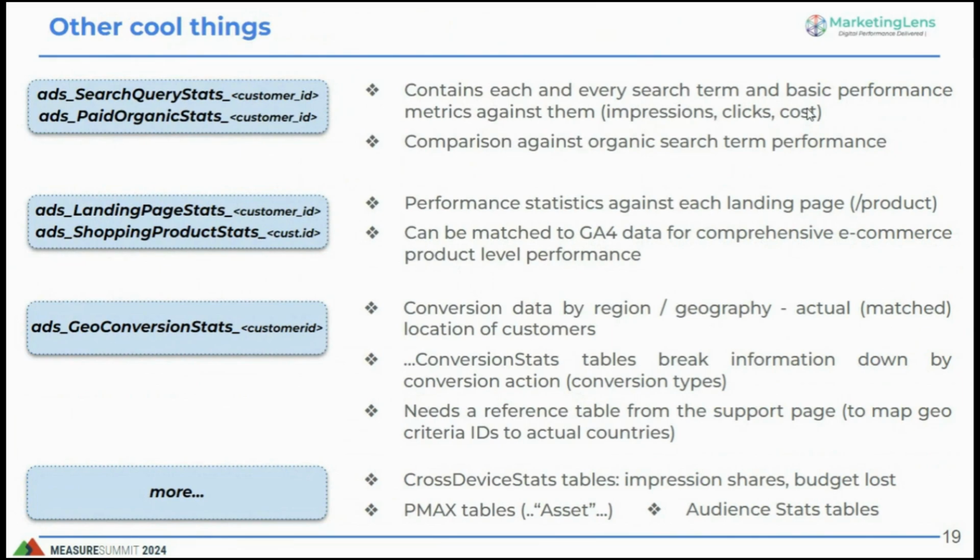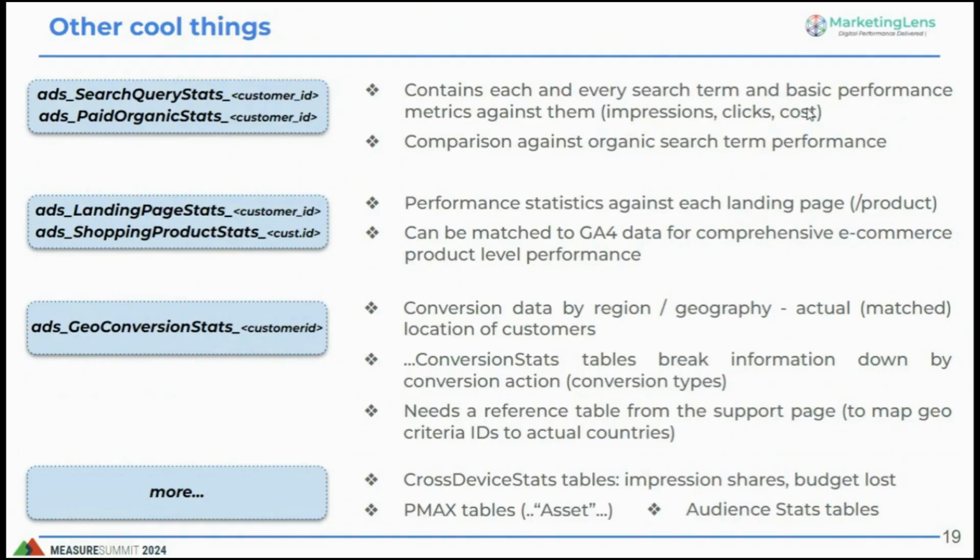Then this can give a broader view on advertising performance than just shopping alone. There's also a geographic table which contains conversion data by region based on the actual location of customers, which is quite useful.